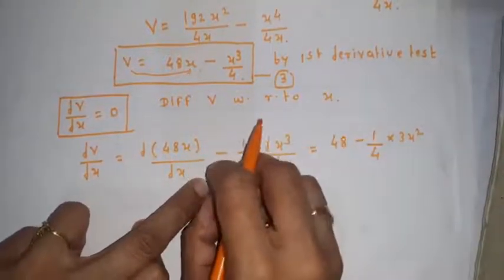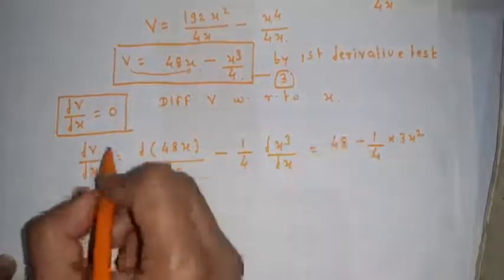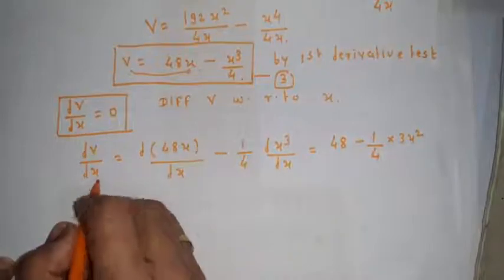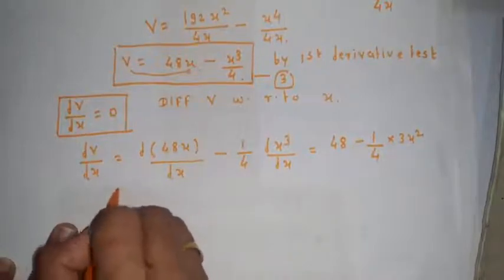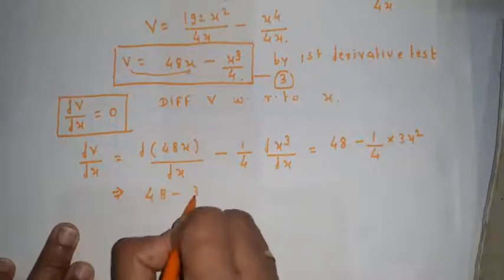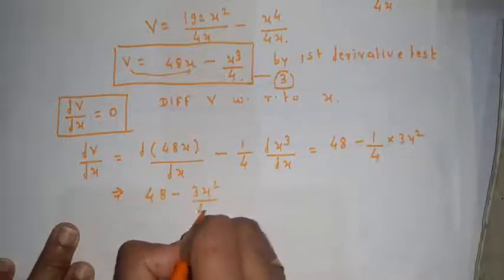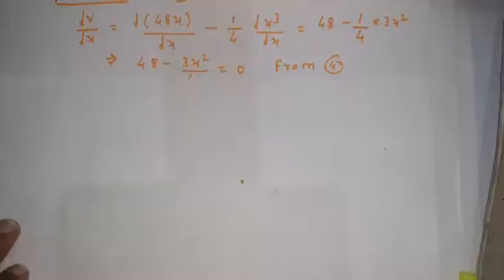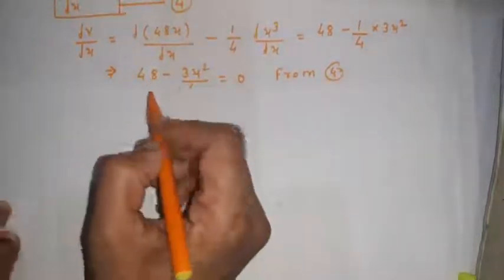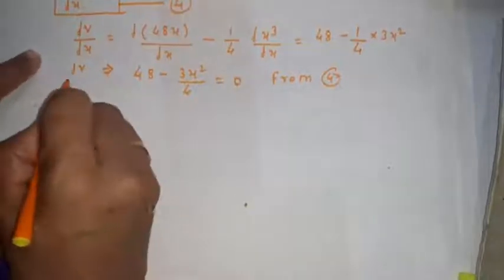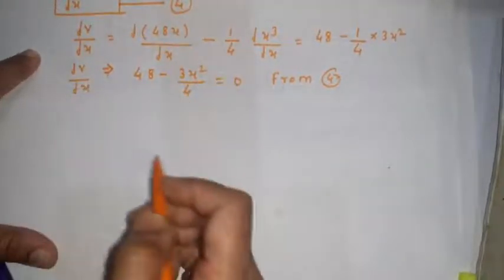And as dV by dx equal to 0, this implies 48 minus 3x square upon 4 equal to 0. This is dV by dx.